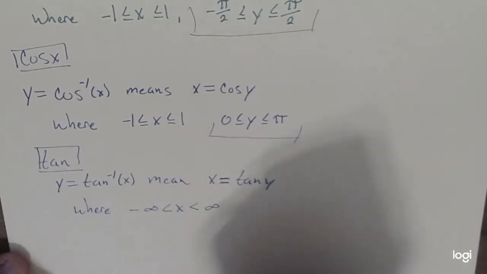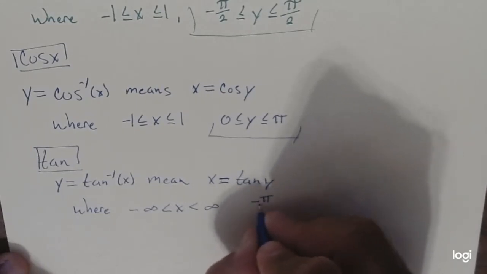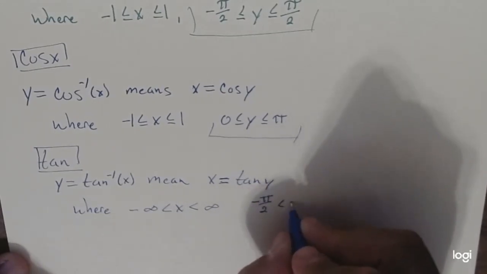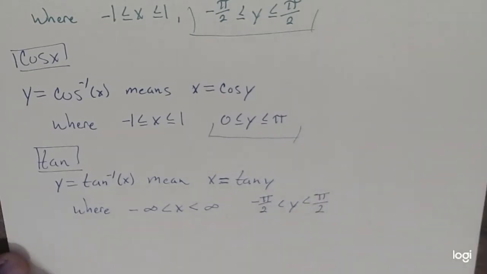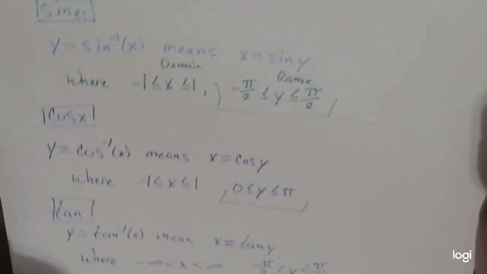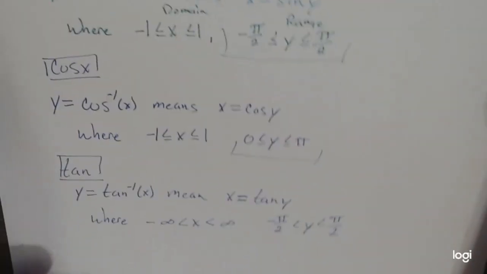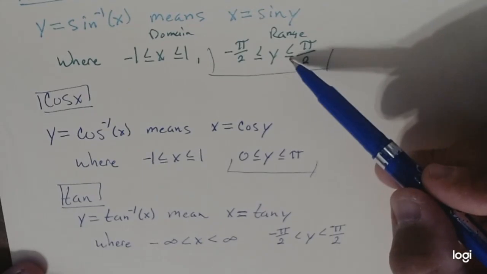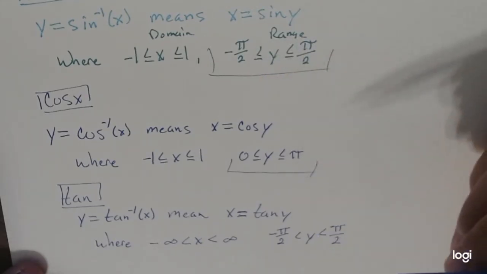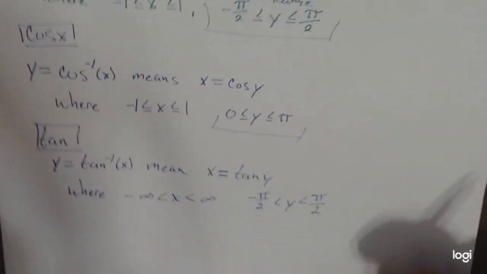However, the range is bound between negative pi over 2 and positive pi over 2. So very similar to sine. The only major difference is that sine includes the two endpoints, while this one does not include the endpoints.